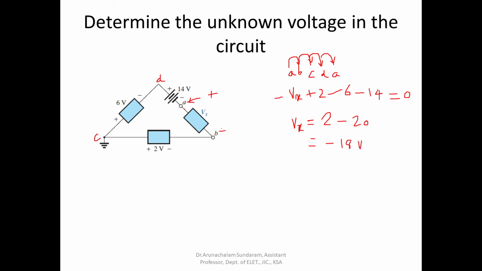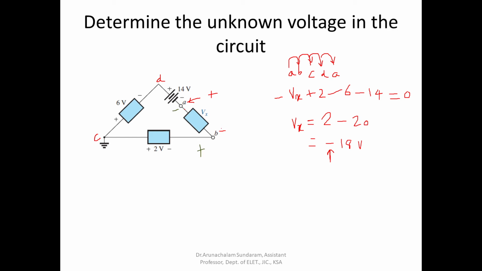Now let us discuss why this minus comes. Now I'll teach you another way. Instead of assuming A as positive and B as negative, this time you have to take A as negative and B as positive, and resolve the problem and see what happens.